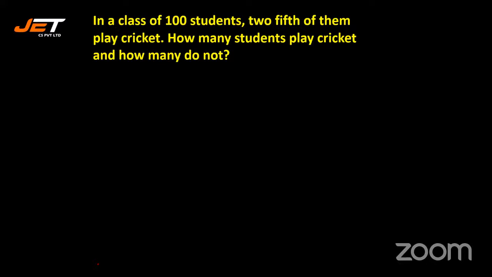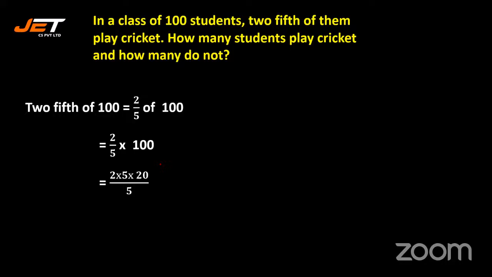Okay. So here, 2/5 of 100. 2 by 5 times 100. 100 is written as 5 times 20. 5 cancel. 2 times 20 is 40. 40 students play cricket.